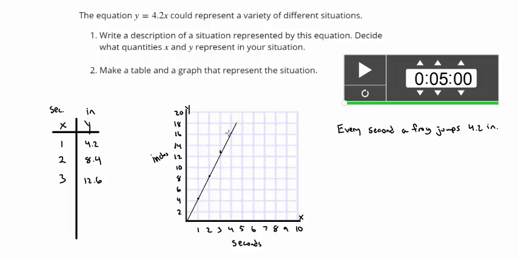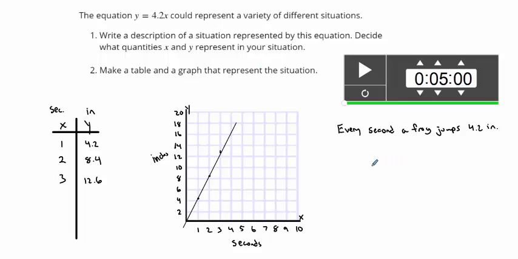I actually would be at 16, a little more than 16, right? I could probably fix this a little bit better. Anyway, so there I have my words, I have my table, I have my graph. So I have 3 different representations of this situation here.